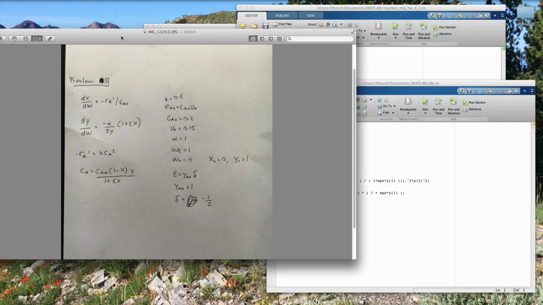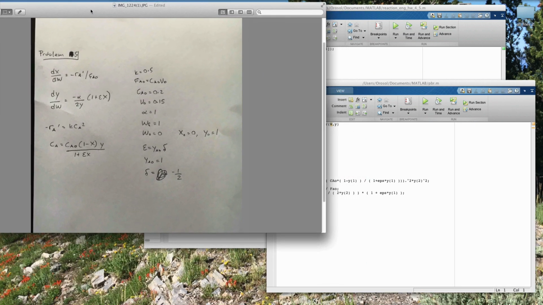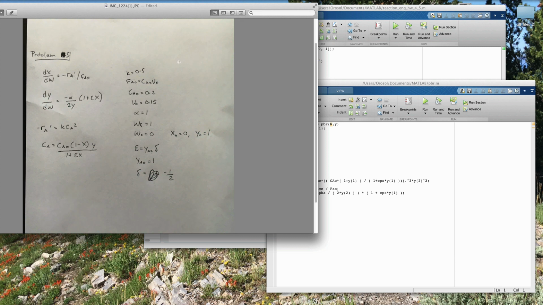All right, so these were the equations from problem 5, and these are the equations you should have ended up with that we need to solve. dx dw equals minus RA prime over FA naught, and dy dw is equal to this. This is the pressure drop, and this was your mole balance. Then you had an equation for the rate, and for the concentration, this is your stoichiometry, and then you have all these constants.